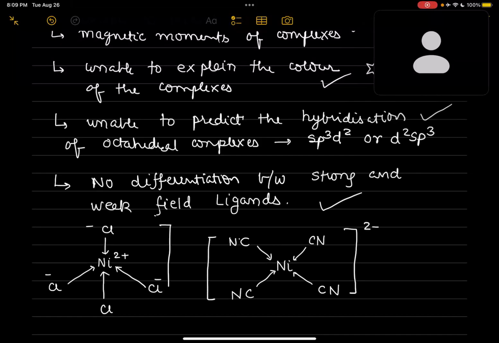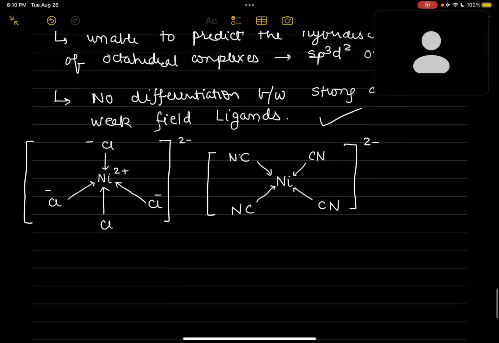Is it due to different electronic configurations? Yeah, different electronic configuration, but nickel plus two is the same. So why has the electronic configuration changed, and why has the geometry changed? Change in geometry is due to difference in electronic configuration, that's true. But what led to the change in the geometry and the shape? It is tetrahedral for NiCl4. Got it?